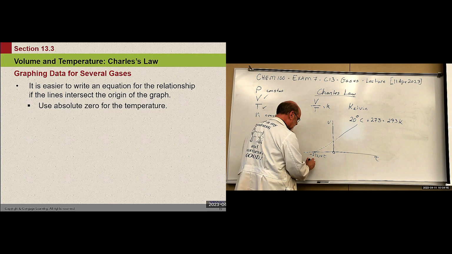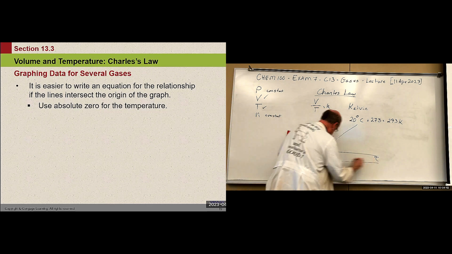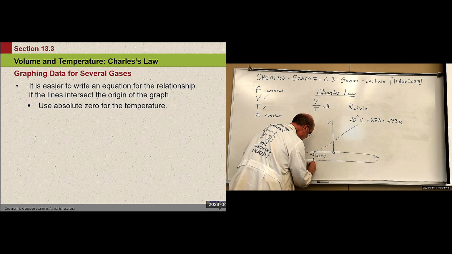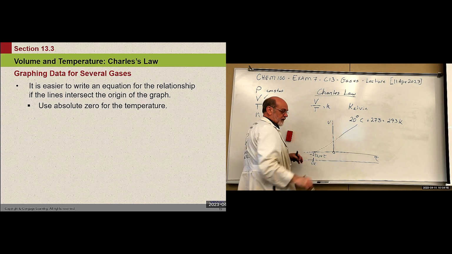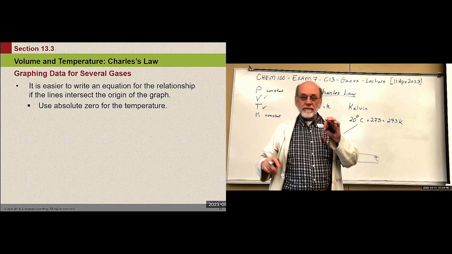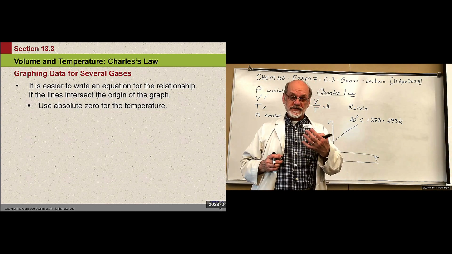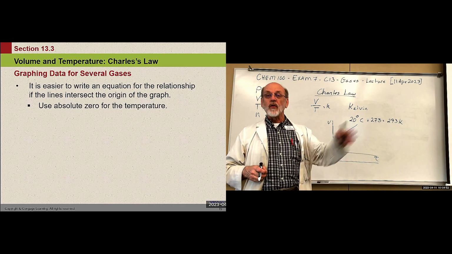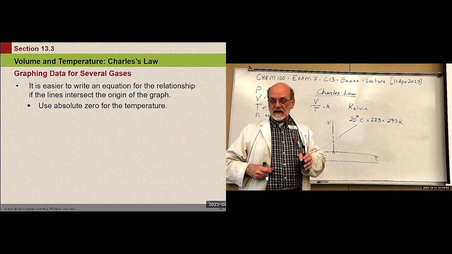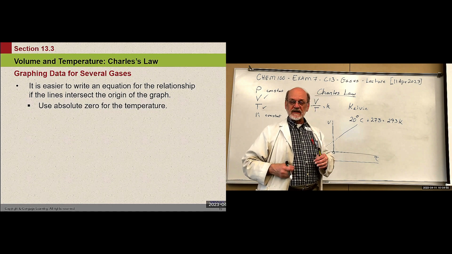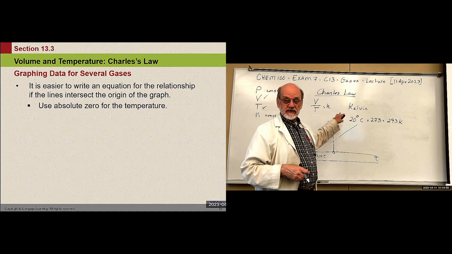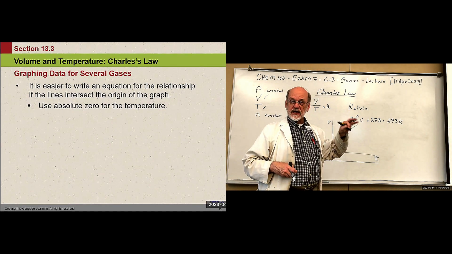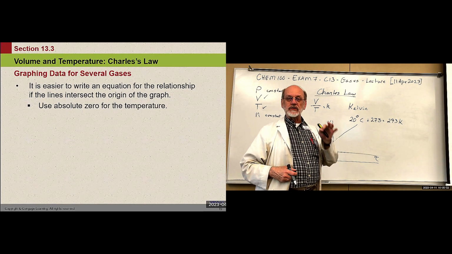So the Kelvin system starts here at 0 and goes up. So the values for temperature in the Kelvin system are always positive. And that's a condition that you have to meet when you're doing gas calculations. If you have a temperature, it must be converted to Kelvin.